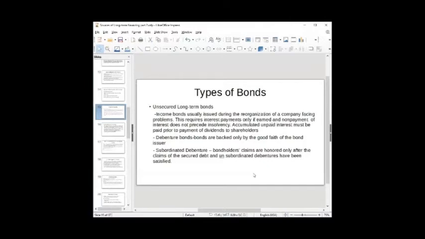So this requires interest payments only if earned, and the non-payment of interest does not precede insolvency. Since this is just a reorganizing company or a startup business, it is normal that there is deferment of payment of the interest, but it doesn't mean that the company has an insolvency problem.